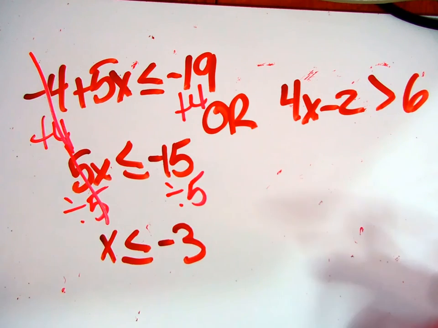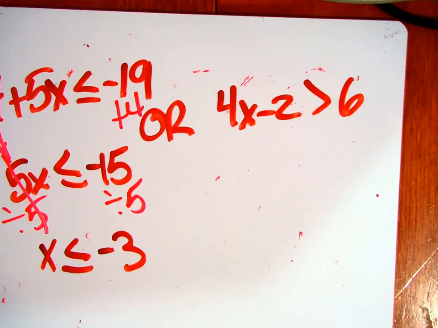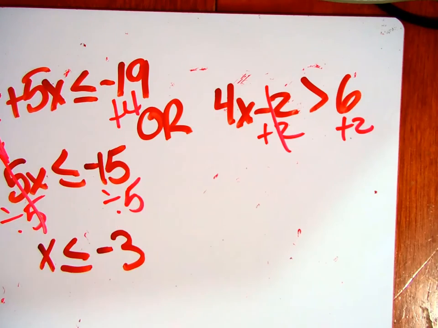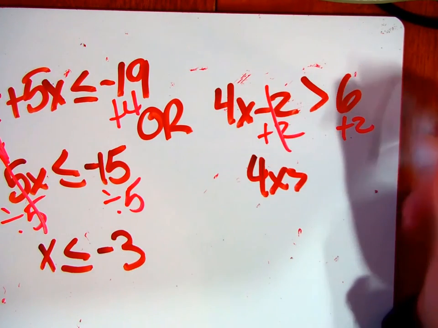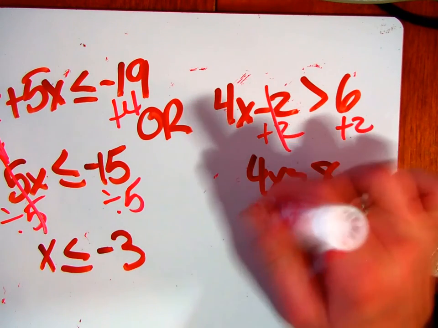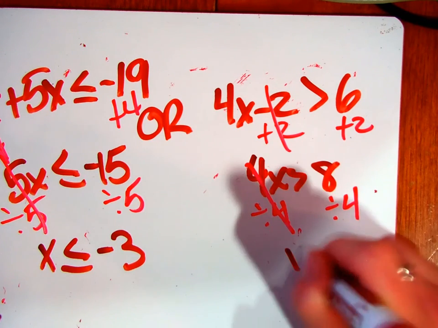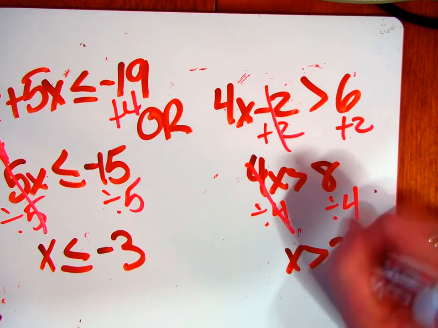We don't have to do a flip because we divided by a positive number. Right side, we're going to add 2 to both sides to get rid of the 2. 4x comes down, symbol stays the same, 6 plus 2 is 8. To get rid of the 4, we'll divide by 4 on both sides. X is now by itself, symbol stays the same, and 8 divided by 4 is 2.